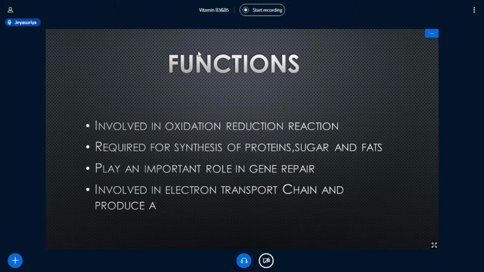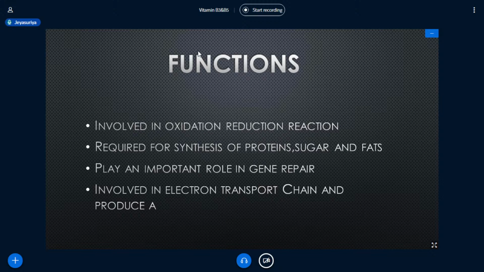Where does this vitamin B3 get stored? It's not stored in significant amounts in tissues, and in tissues it gets converted into the coenzyme forms, nicotinamide adenine dinucleotide and its phosphate form.